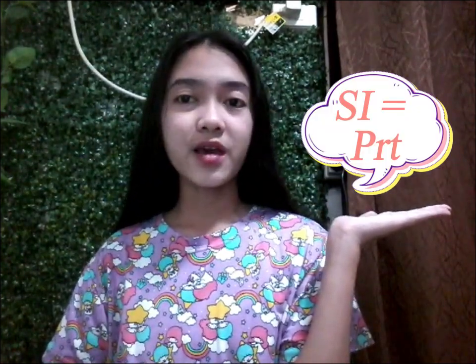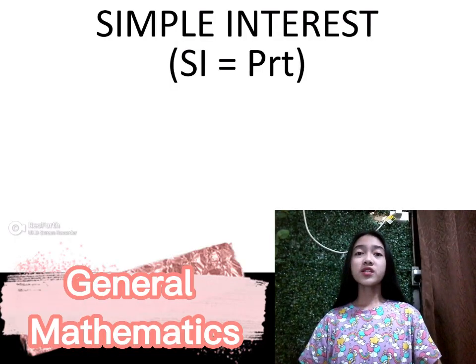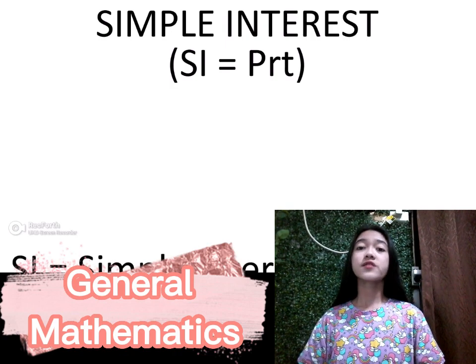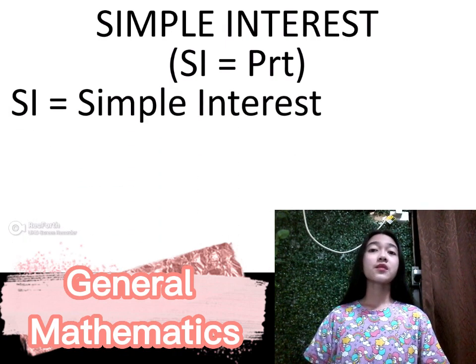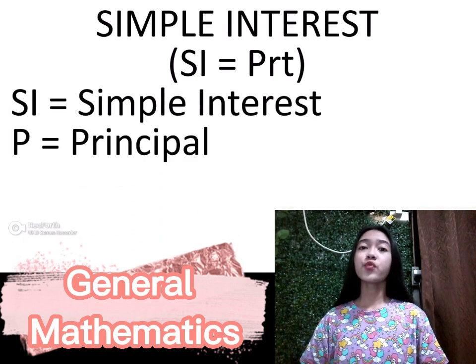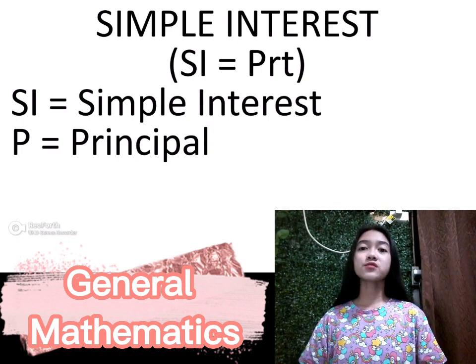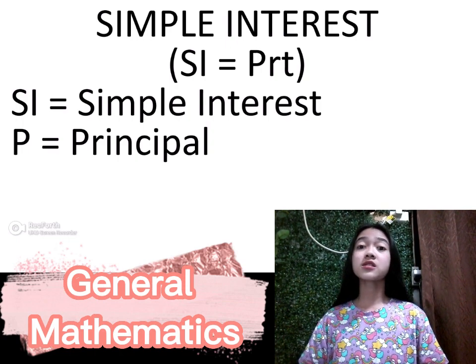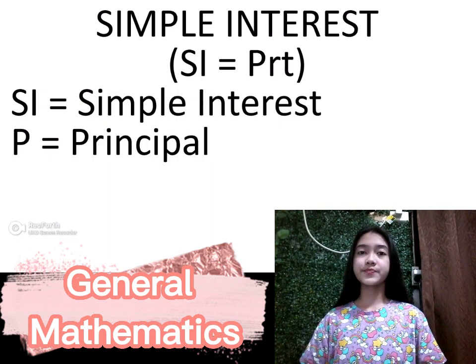In calculating the simple interest of a certain amount of money you borrowed, we will be using the formula SI = PRT, in which SI stands for the simple interest, P stands for the principal, or the actual amount you borrowed in a loan, excluding its interest.